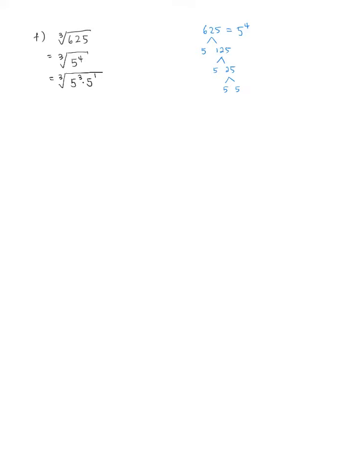Let me just circle the perfect cube here. If I have to show the middle step, this is the same thing as cube root of 5 to the 3rd times the cube root of 5. So now this whole thing's going to become just 5, and then cube root of 5 remains. So that's going to be our answer.